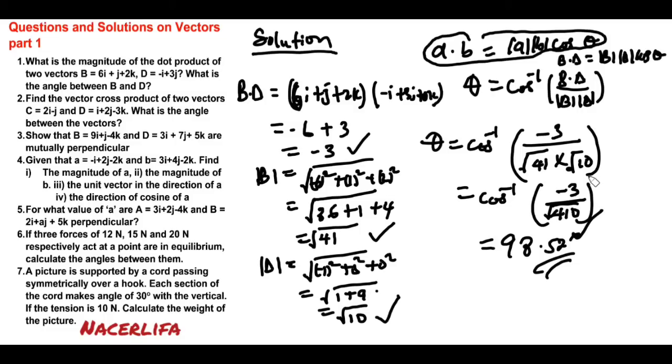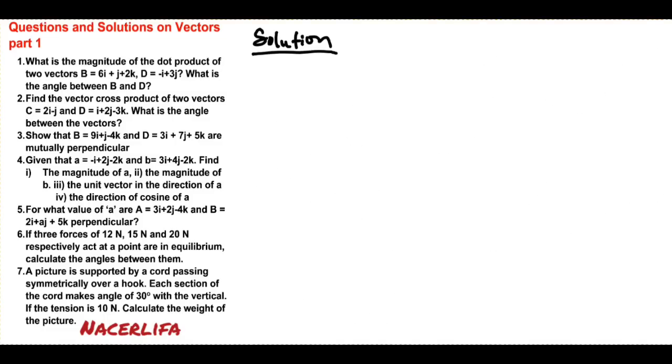So now let us solve problem number 2. Question number 2 says, find the vector cross product of these two vectors. How do we go about it? So for vectors in IJK units, this holds, this is IJK.